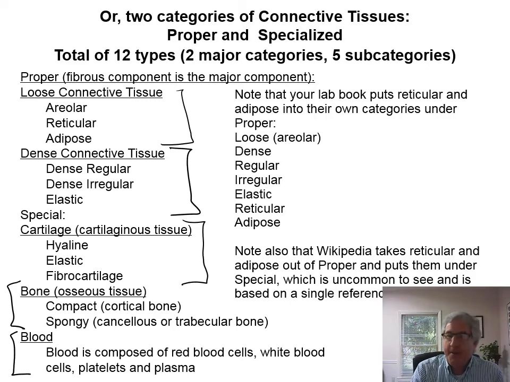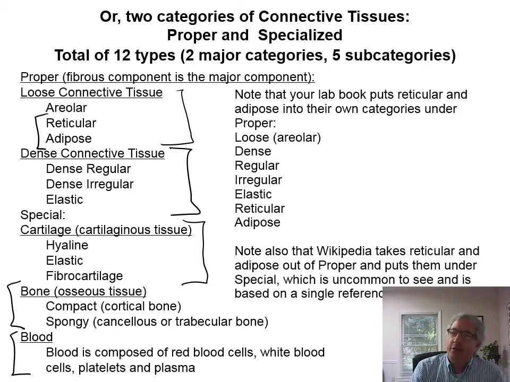The lab book takes reticular and adipose out of loose connective tissue and puts them into their own categories, which I think is rather a little different. You can make an argument, and the problem is in anatomy you can make an argument for lots of different things.